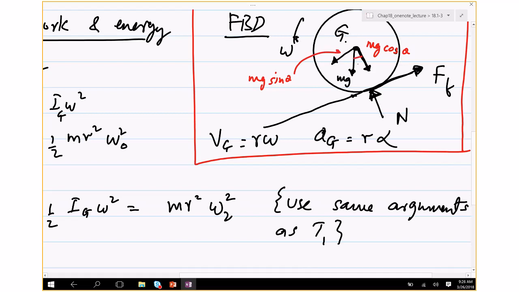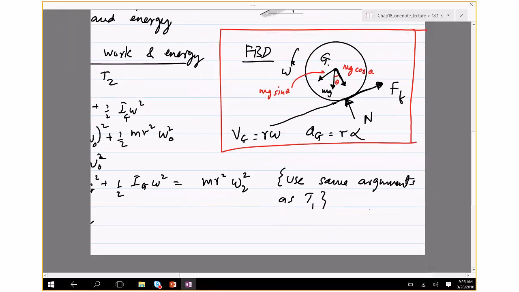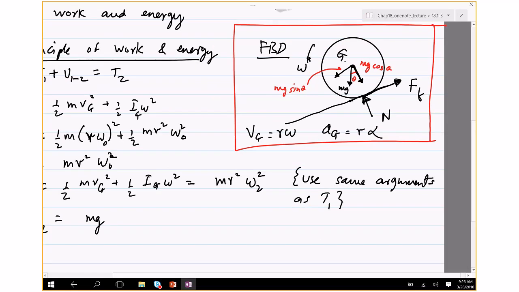Because this is theta. Now what we can do is find the work done due to mg cosine theta and the work done due to mg sine theta. So mg cosine theta is acting in the direction normal to the ramp. What's the work done by that force?